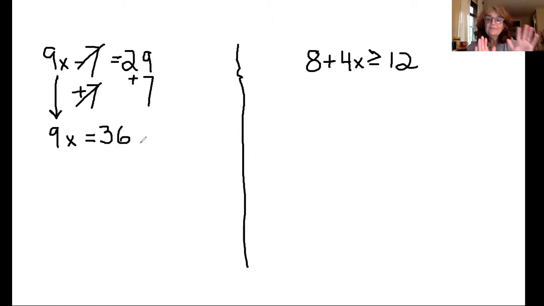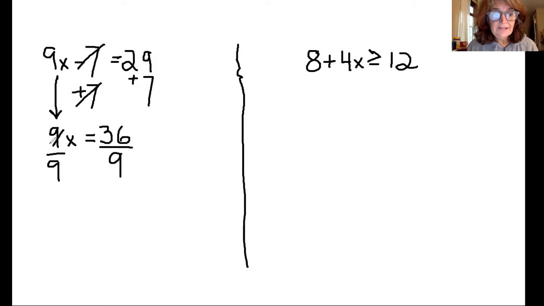And now I have x on one side and everything else on the other, and I'm happy. And now all I have to do is get rid of this 9. So it's 9 times x, so I have to reverse it. So I'm going to divide by 9 to get x all by itself. But because of the equal sign, I'm going to do the same thing on this side, okay?